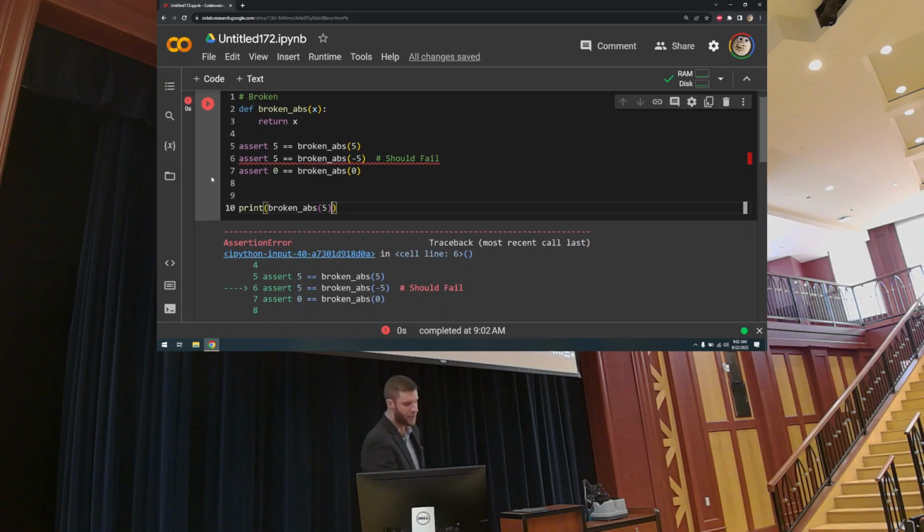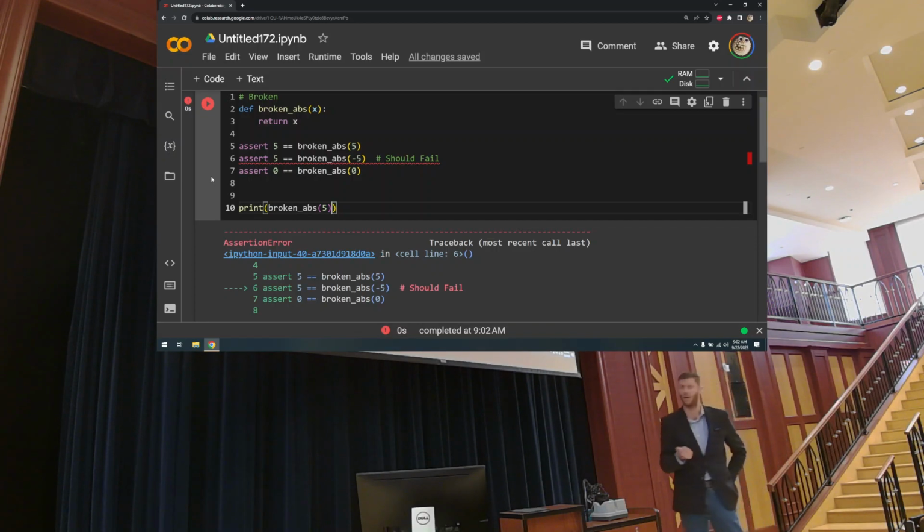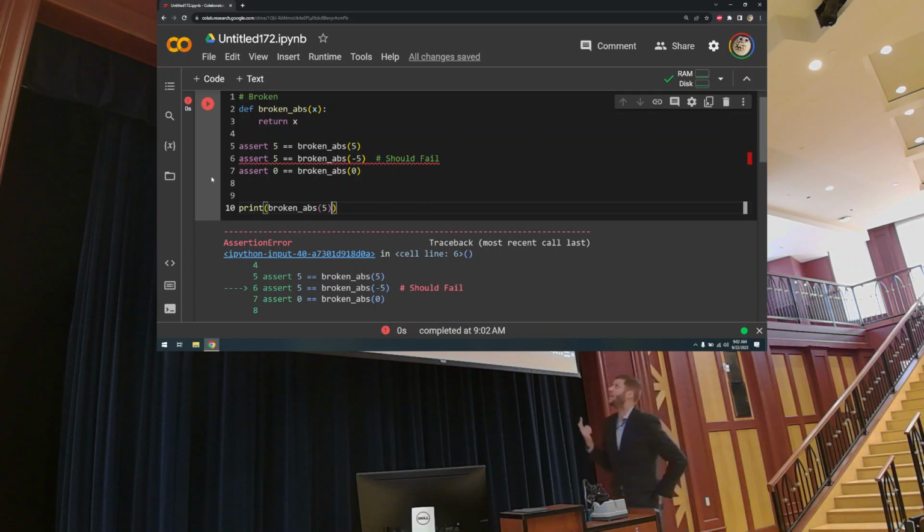But I go to use it and it crashes. Now this is an example of the assert test. The test was correct. If the absolute value function that I'm testing, which is called broken absolute value, which should be a hint as to where the issue might be, if that function was correct, these three tests should have passed.